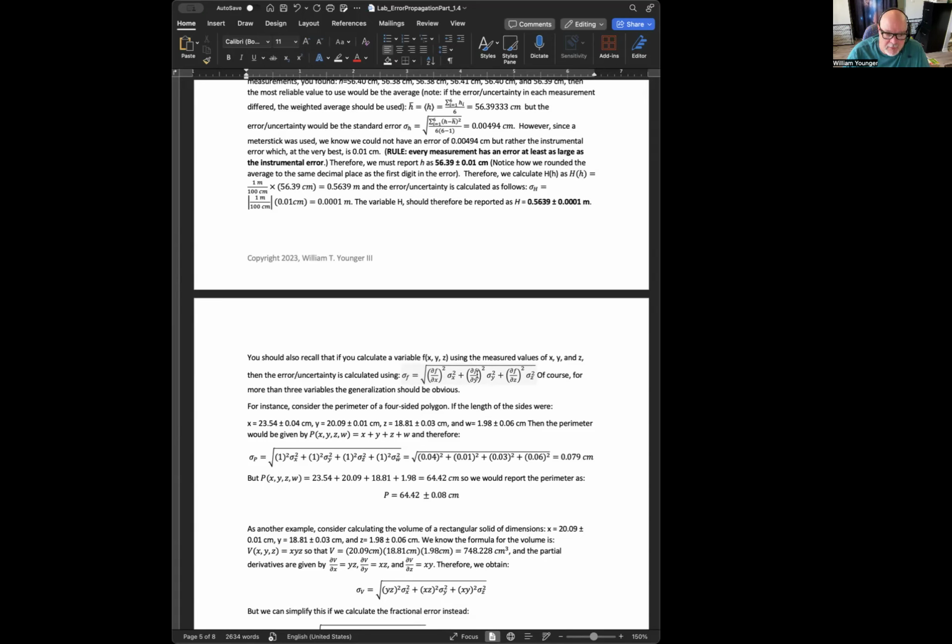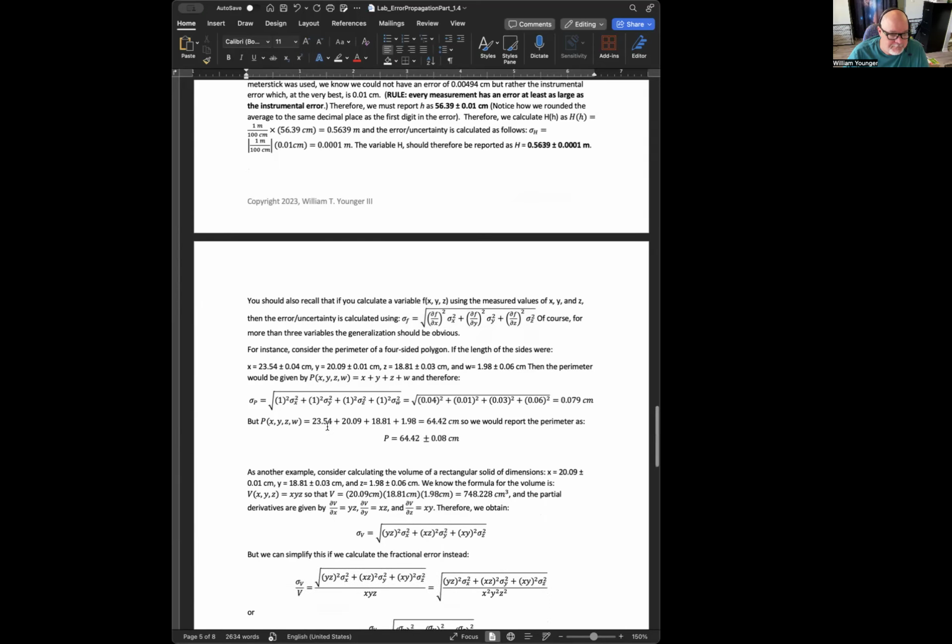You take the partial derivative of f with respect to y, you square that and multiply it by the square of the uncertainty in y, and you take the partial derivative of f with respect to z, you square that and multiply it by the square of the uncertainty in z. You add those three quantities together and take the square root, and that spits out the uncertainty. So I go through working again the same example above here so that you can see how it's actually implemented.